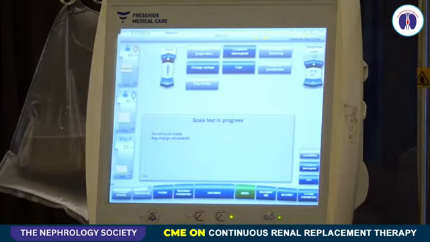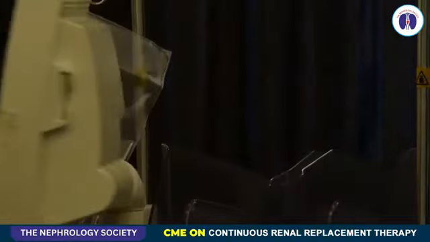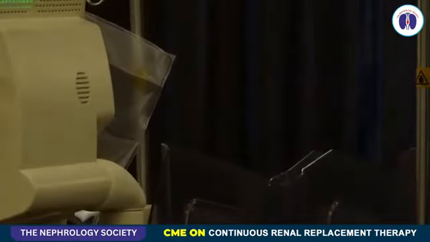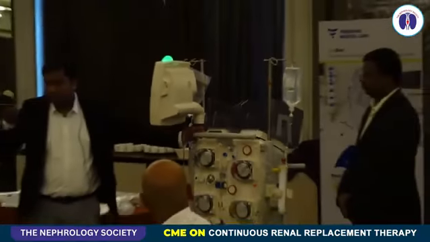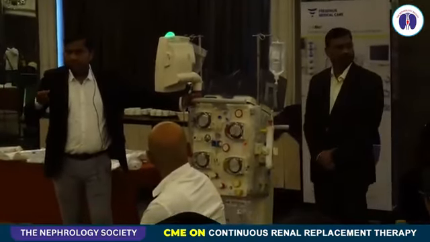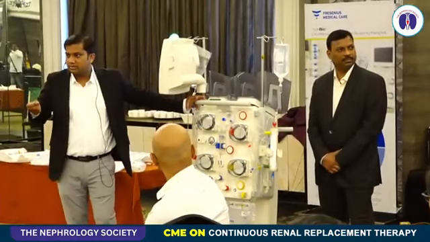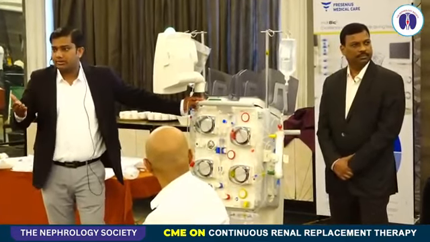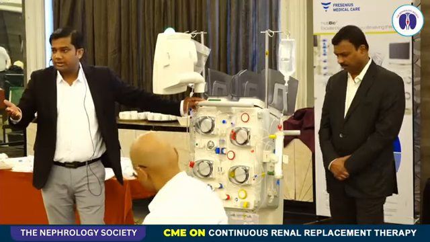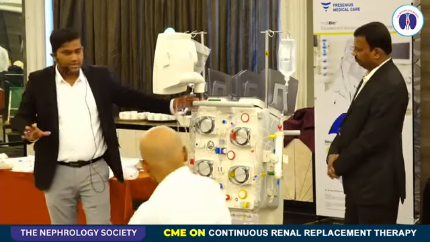Since the scale has a capacity to hold 12 kg of weight, at one go you can place 2 bags or 10 liters of solution, which means you don't require the bags to be changed frequently.